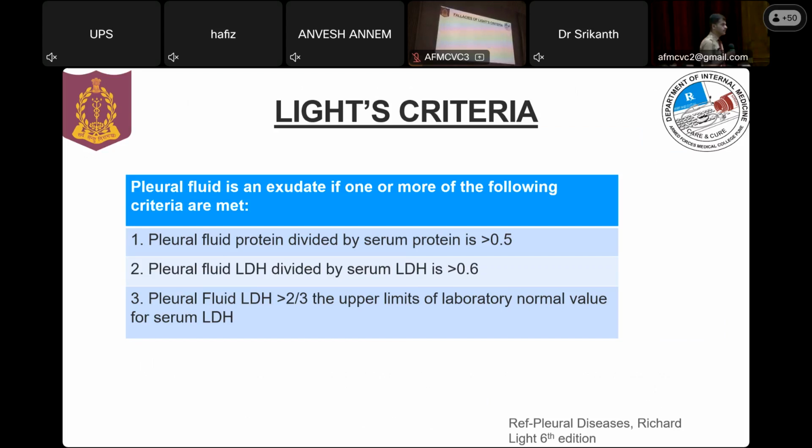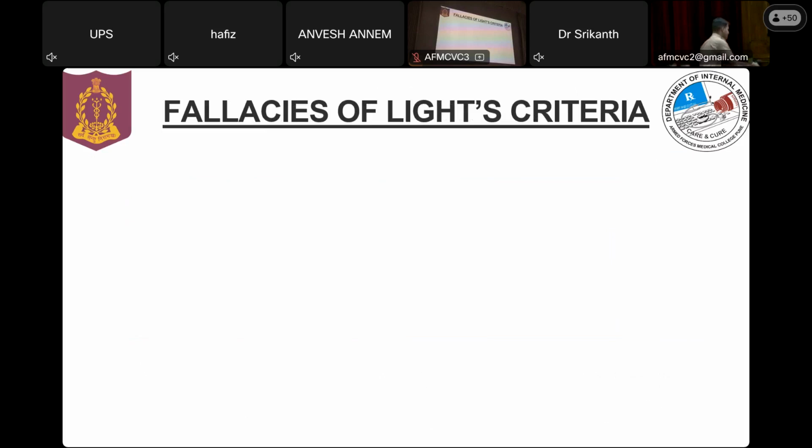Want to take over these questions? Or, yeah, any final year? Yeah, Rajesh, what are the fallacies for Light's criteria? Sir, Light's criteria overestimates exudates because if any one of them is positive, the fluid is considered exudative. So 25% of transudates are also classified as exudative pleural fluid, sir. To overcome that, sir, we use SAAG... SPAG, sir.